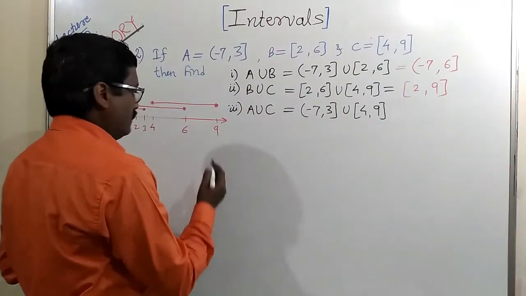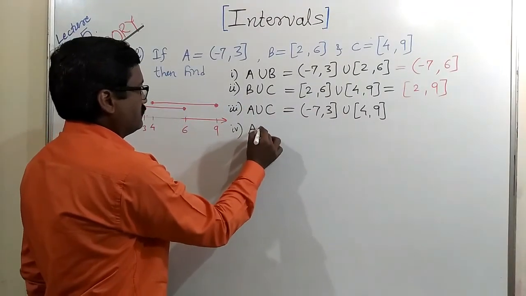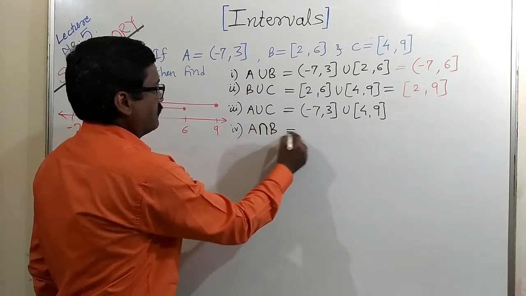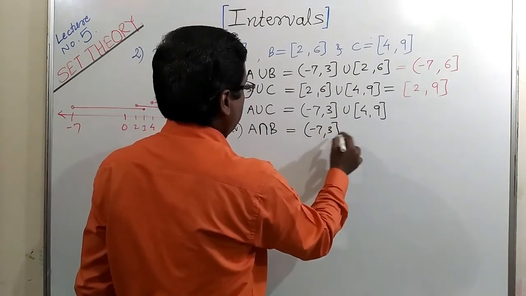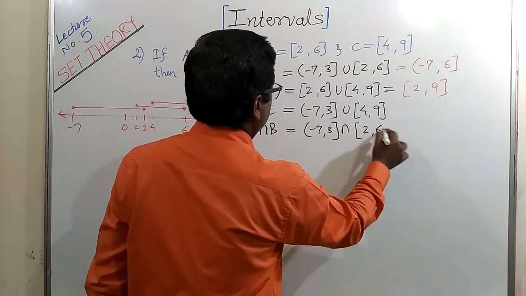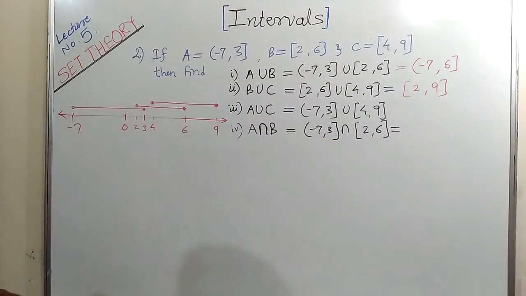Let us see the fourth one. A, minus 7 to 3, intersection B, which is 2 to 6. Let us see the common part between these two segments.